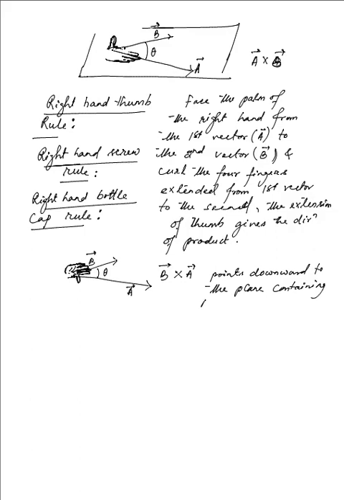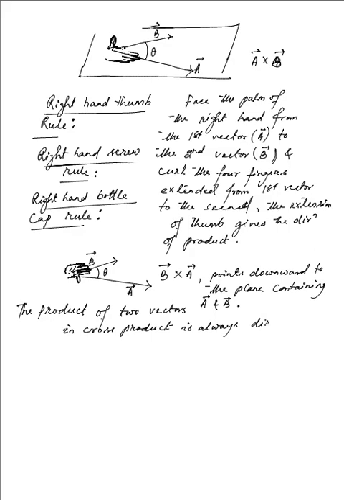So one thing is for sure: whenever you have the vector product of two vectors, the product of the two vectors in cross product is always directed normal to the plane containing the vectors.